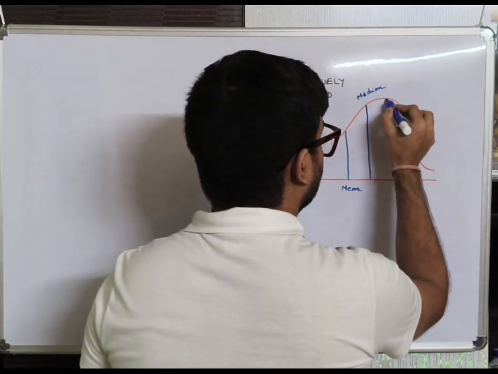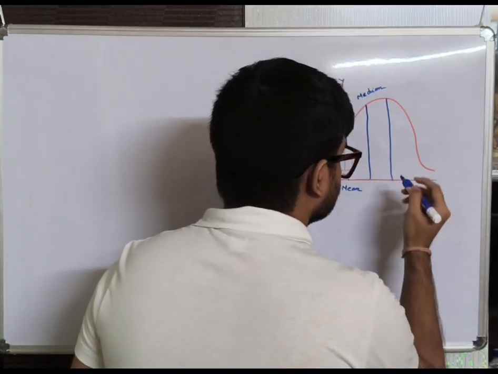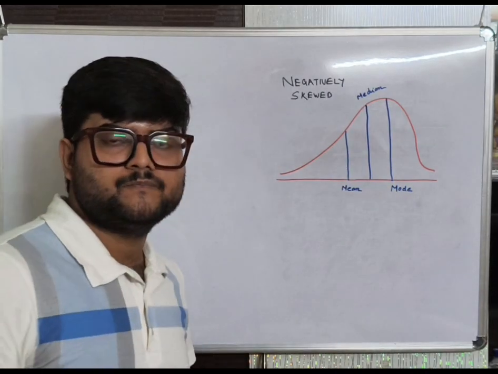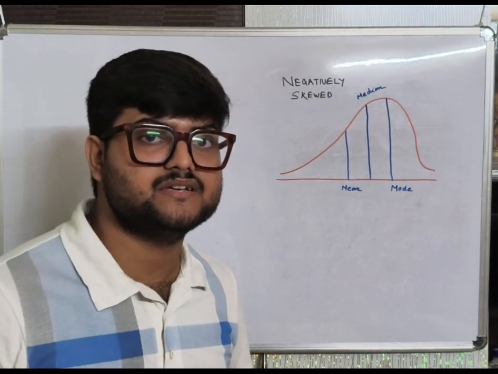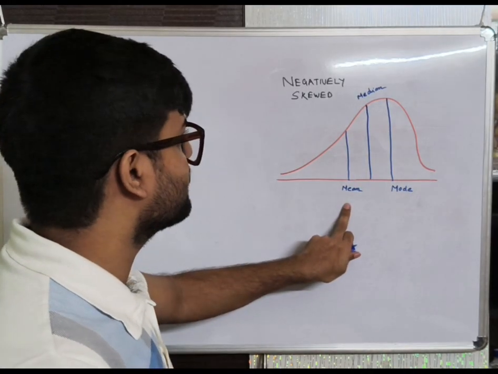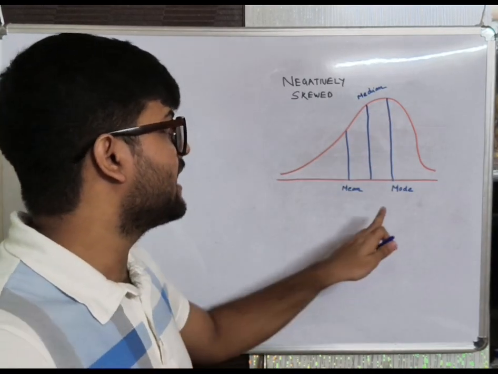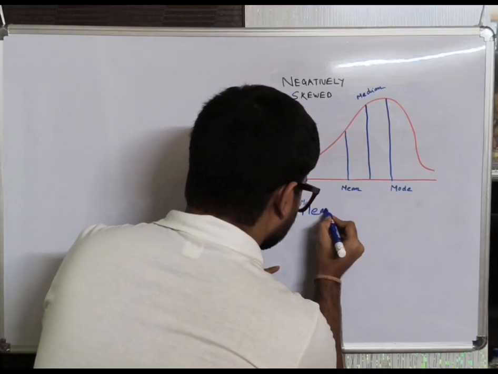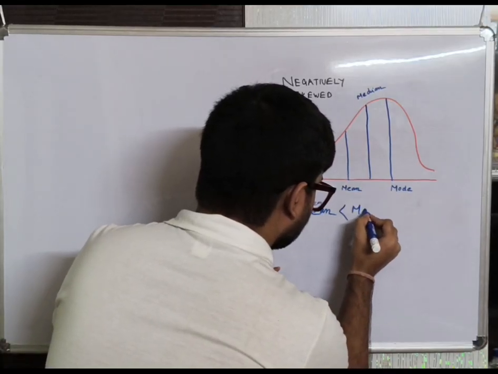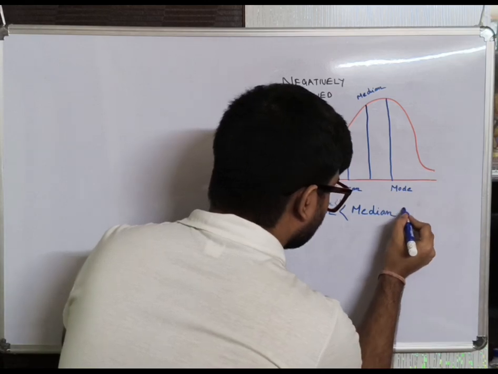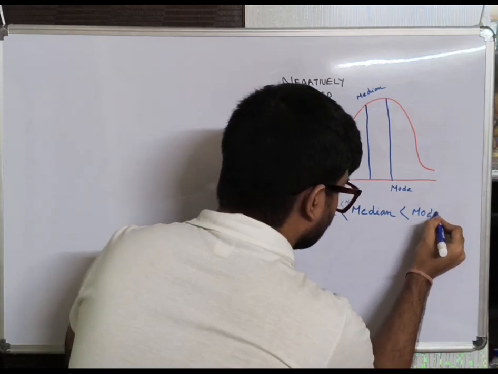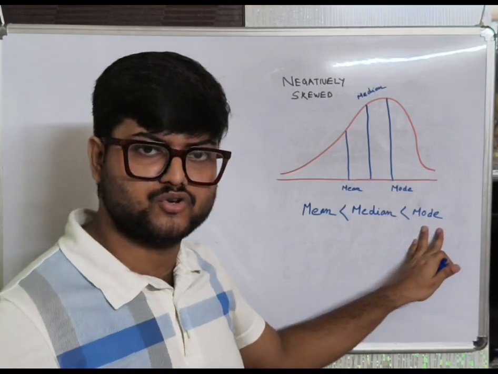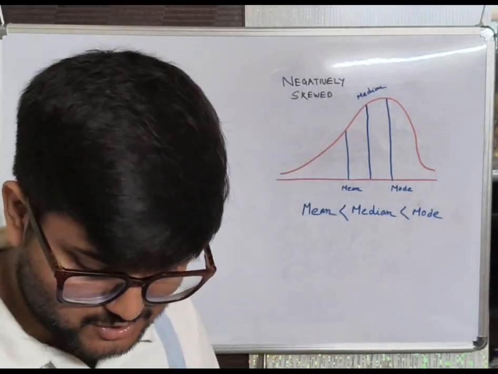And then comes mode, which is the largest one. So in a negatively skewed distribution, mean is the smallest, then comes median, and the largest is mode. So the mean is the smallest one and the largest is mode. Okay.